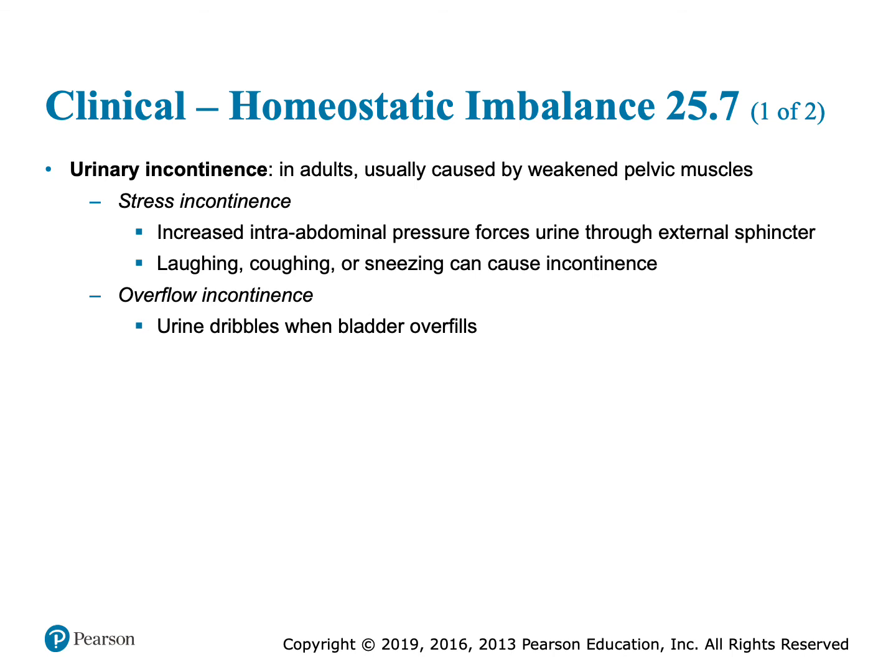And if it's overflow incontinence, so what happens with that? That would be like if you have paralysis of the spinal cord. So you can't go, or like if your doctor didn't catch that you have anesthesia-related inability to urinate, the bladder gets so full, it just starts to dribble out. But in the meantime, you're killing neurons, so it can become a permanent problem if that doctor doesn't catch that.